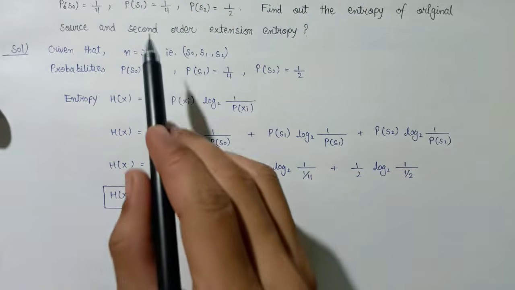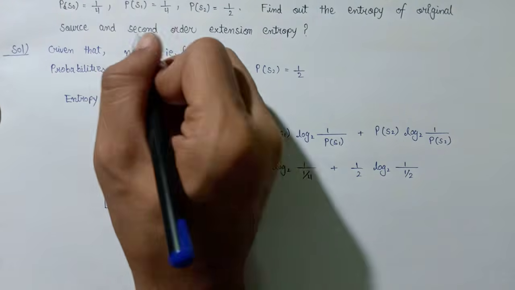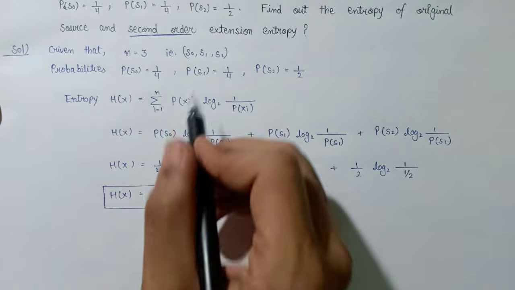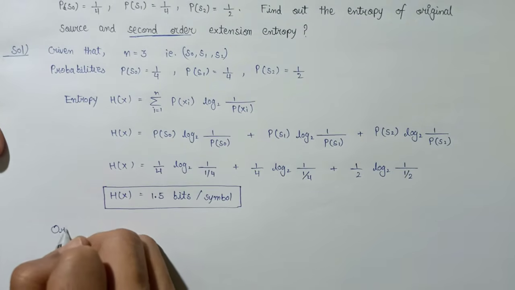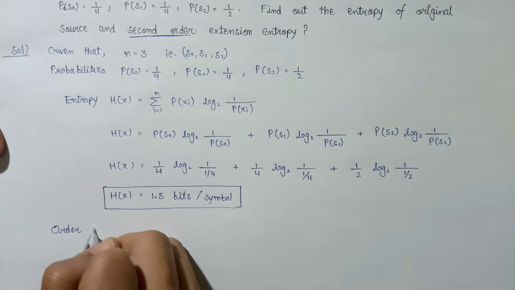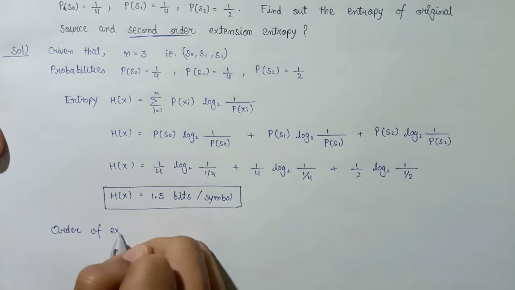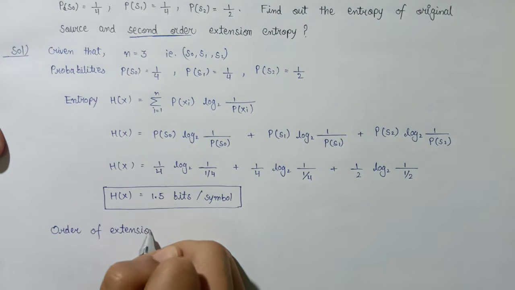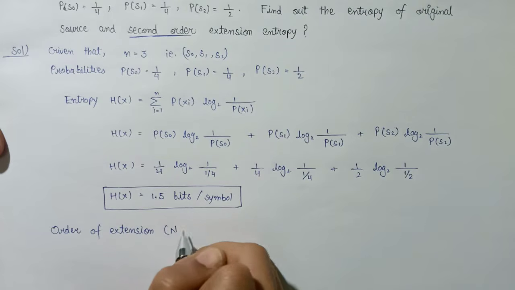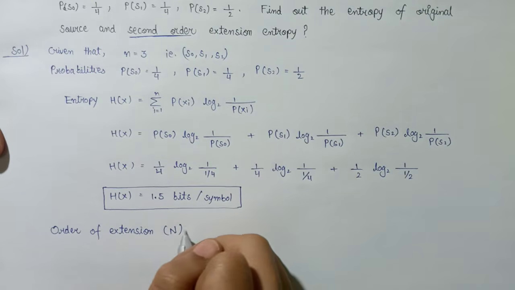Now in this question we need to find out the second order extension. So here the order of extension, denoted by capital N, is given as 2.